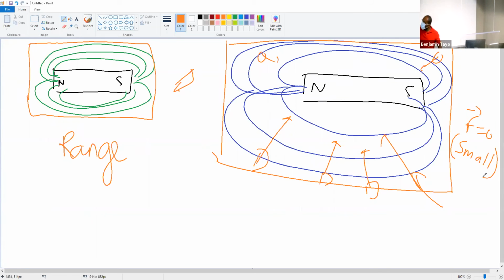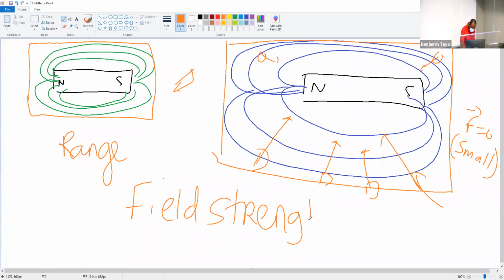So something that you've already seen here is that the field, I just want to introduce this because this is something that is new to you guys. So field strength is going to go as 1 over distance squared. If something goes as 1 over distance squared, what does that tell you about the strength of the field? It gets smaller and smaller, right?